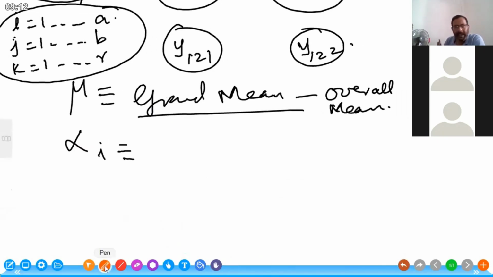What effect is that? We talked about different types of effects, the main effect and the interaction.